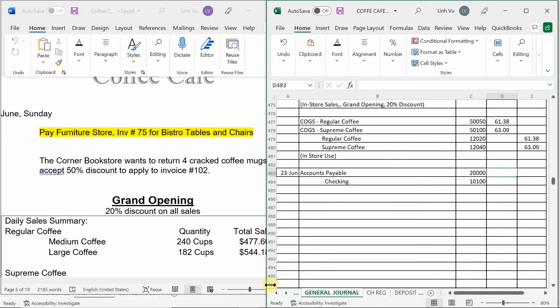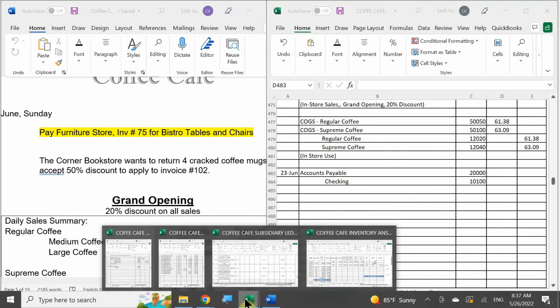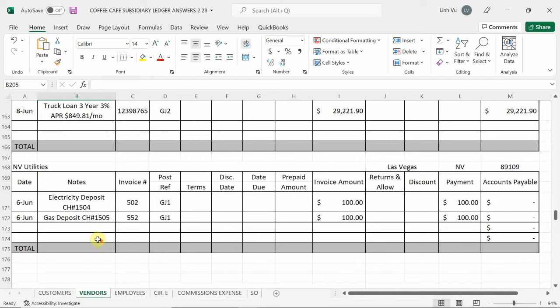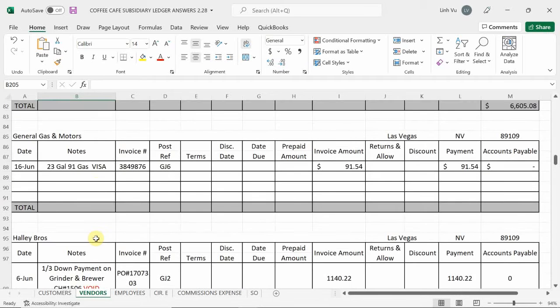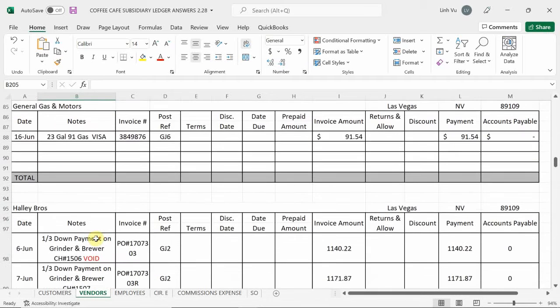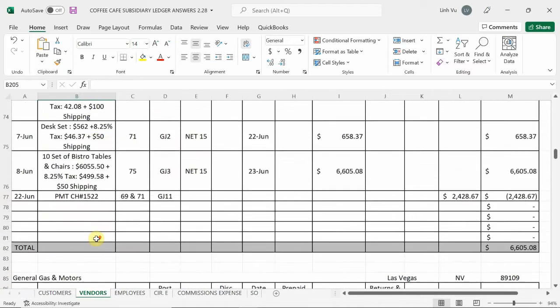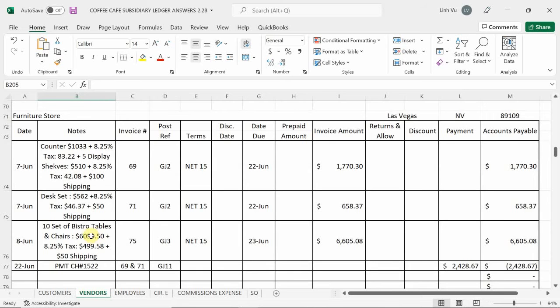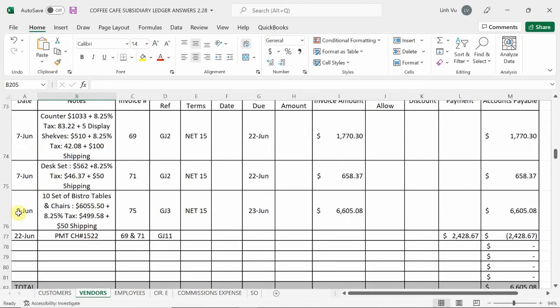Subsidiary. Good. Subsidiary under furniture store. Furniture store. Right here. Okay. Invoice number 75.